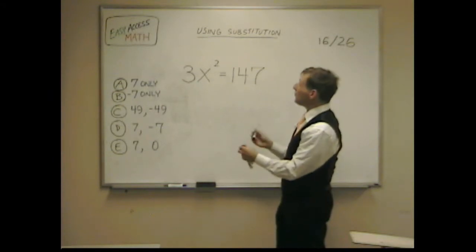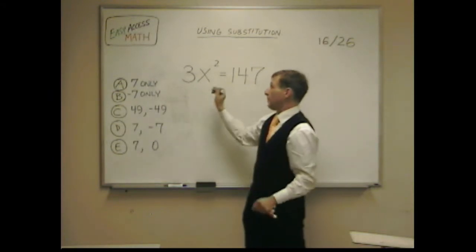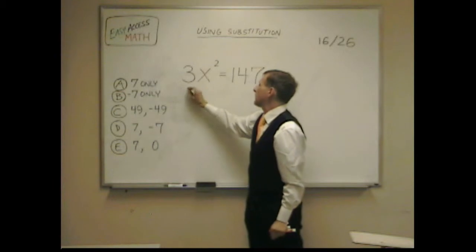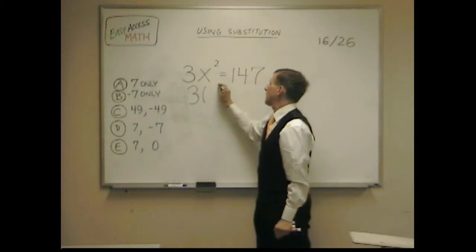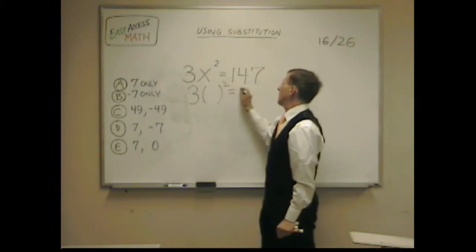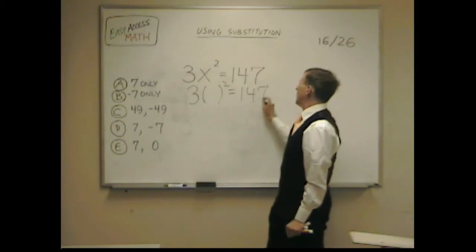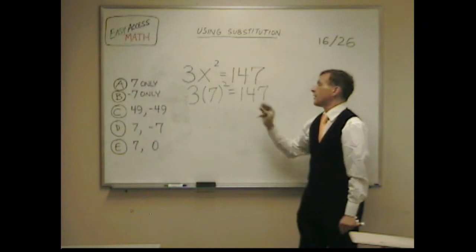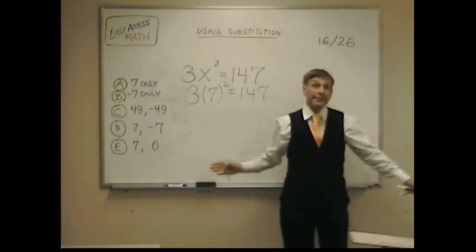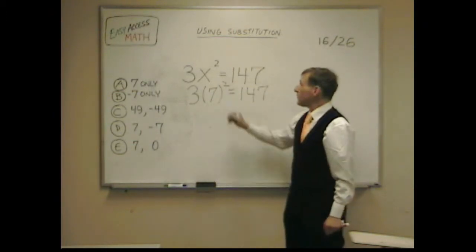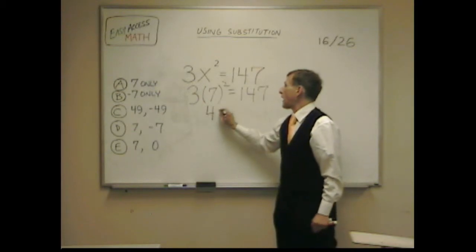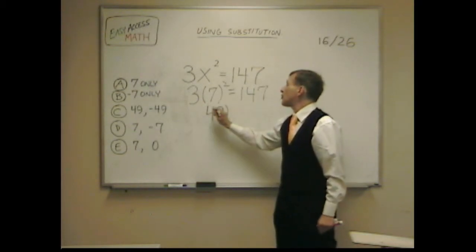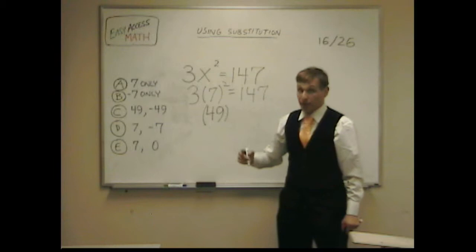So I'm going to substitute, and when I substitute, I plug in the answer. Let's see, I'm going to test out 7. 3 times 7 squared equals 147. Let's check. 7 squared is 49, 7 times 7. Remember, you do your exponent first.